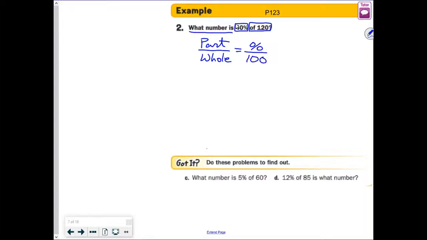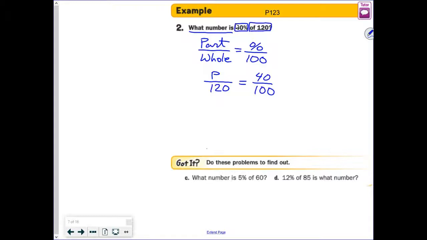If the part is what we are missing, then I'm going to put p on top of the left-hand side. Of indicates my whole, so 120 is my whole amount, which equals the percent. We can see that is 40% over 100. Always 100 on the bottom right.